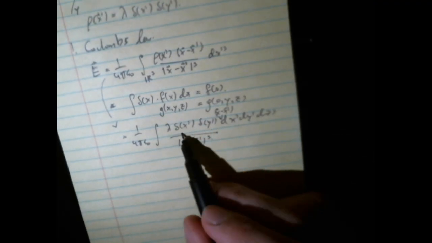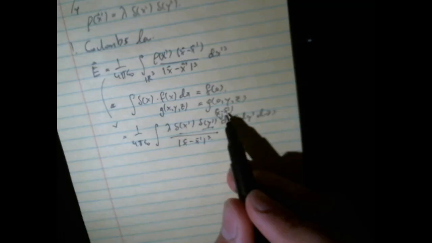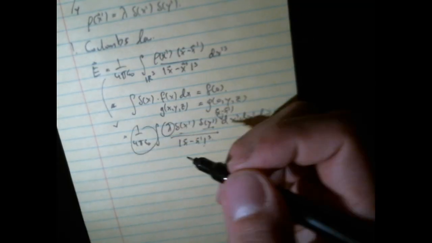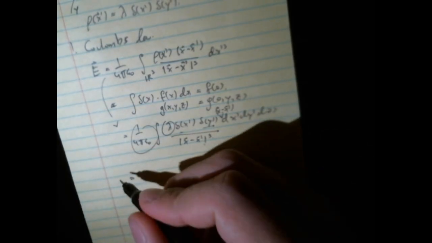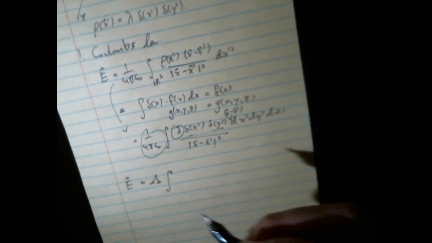And so essentially these two delta functions cause all of the x prime and y prime components in these two things to disappear. So absorbing all this into some constant, we can now write cleanly that the total vector field is given by these constants multiplied by the integral.